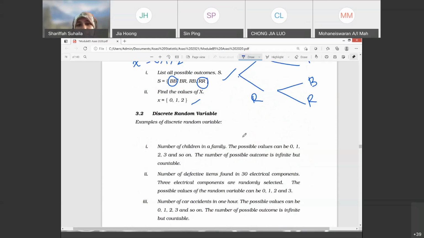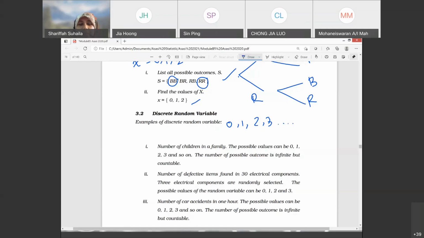It can be 0, 1, 2, 3, and so on. If we discuss continuous, the value can be in terms of an interval, decimal point, or fraction. But if you have a discrete, it is a whole number: 0, 1, 2, and 3.